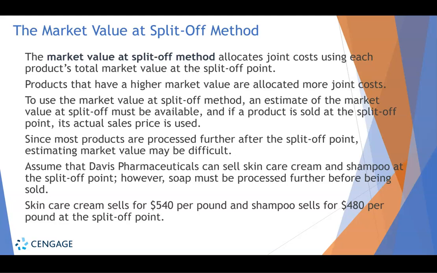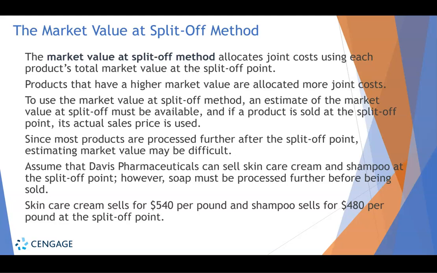Then we can do another method, the market value at split off. For this method, we allocate joint costs using each product's total market value at the split off point. Products that have a higher market value get allocated more joint cost. When we use this, we have to estimate the market value.